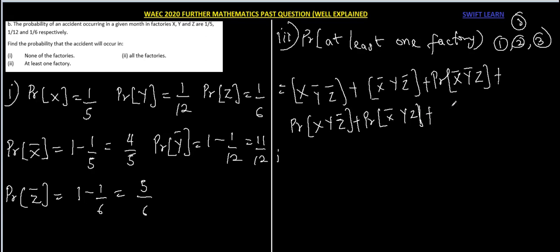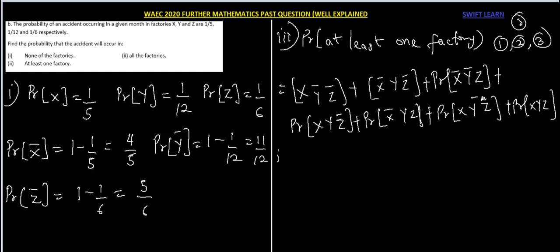So the list is very very long. Okay, let me try to finish it. Then you have the probability of, let's say, x, y, and z. Sorry, this is a mistake. Then everybody had an accident, all of them had an accident. So this is very long.